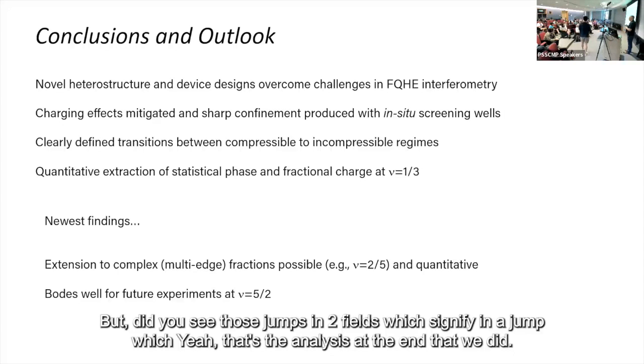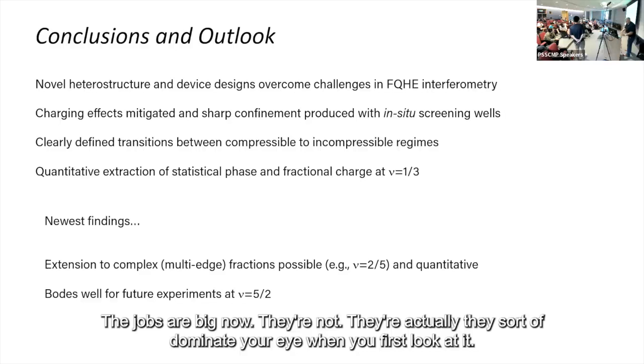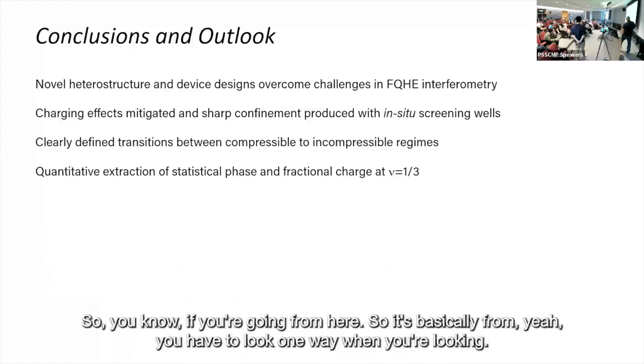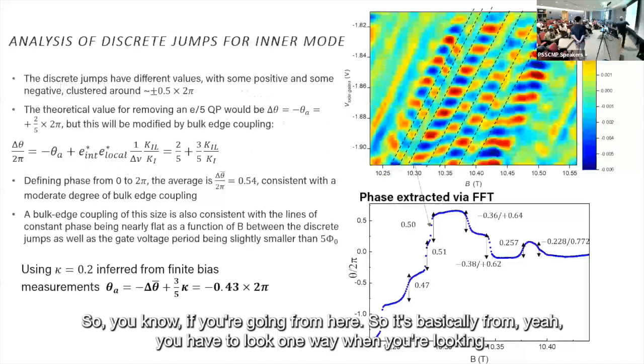I've also missed, but did you see those jumps in 2/5, which signify a jump equal to the anyonic phase? Yeah, that's the analysis at the end that we did. So the jumps are big. They actually sort of dominate your eye when you first look at it. Maybe can you go back to... So if you're going from here, basically across those, I see those.